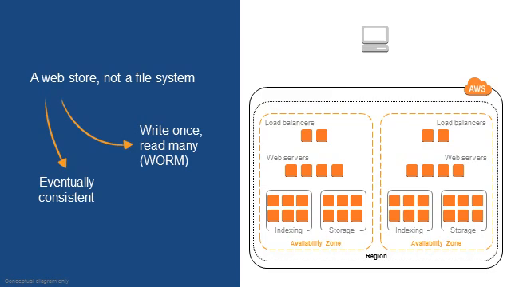The service is built within an AWS region, so each AWS region has an S3 service available in it, and the S3 service takes advantage of the availability zone architecture that exists within each region.